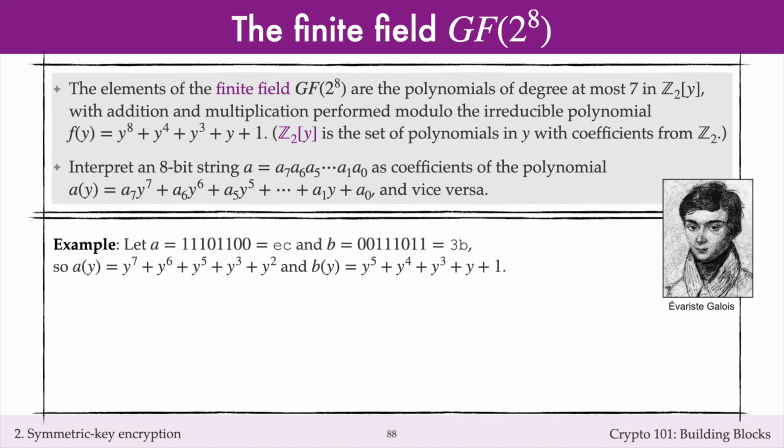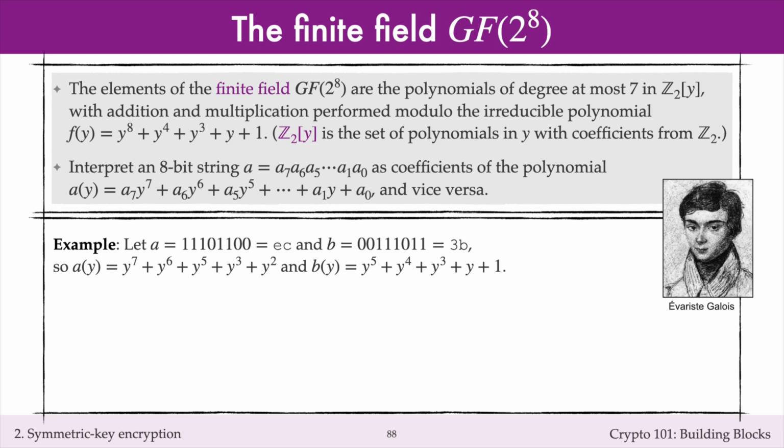Let A be the byte 1110-1100. In hexadecimal, this is EC, because the first 4 bits of A are 1110, which in decimal is 14, and that corresponds to the hexadecimal digit E. Similarly, the second 4 bits of A are 1100, which in decimal is 12, and which corresponds to the hexadecimal digit C.